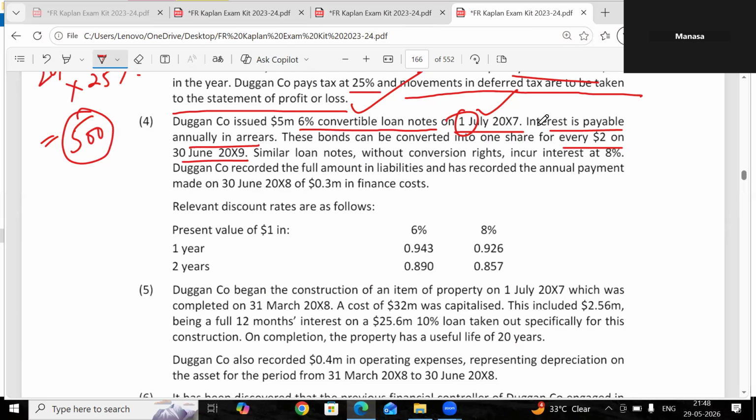Yes, sir. Now, similar loan notes without conversion rights. That means a similar kind of loan note to what Duggan company is issuing, or from such kind of company. Let's say Duggan company is an EV company, electric vehicle manufacturing company. A similar kind of company issues a bond in the market without any conversion rights.